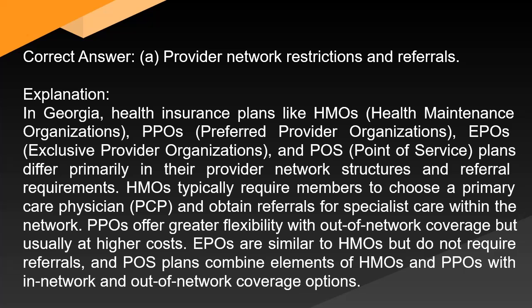HMOs typically require members to choose a primary care physician, PCP, and obtain referrals for specialist care within the network. PPOs offer greater flexibility with out-of-network coverage but usually at higher costs. EPOs are similar to HMOs but do not require referrals, and POS plans combine elements of HMOs and PPOs with in-network and out-of-network coverage options.